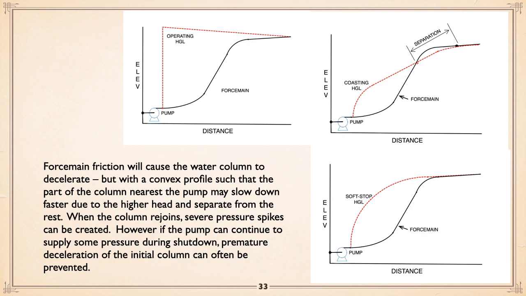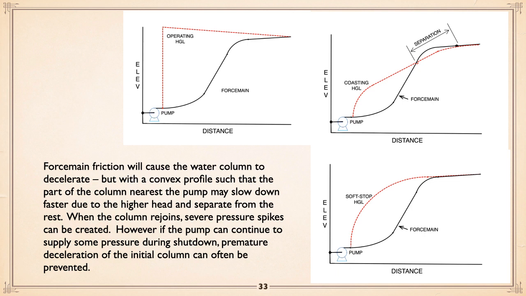Now, if we turn that pump off with no power going in, the hydraulic grade line can fall down. And as you see, it hits a point where I've got separation. If it falls significantly below the force main, you will actually get column separation, unless there's air vents or something.